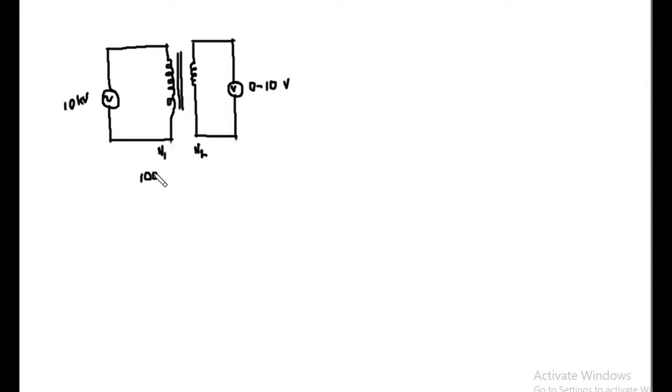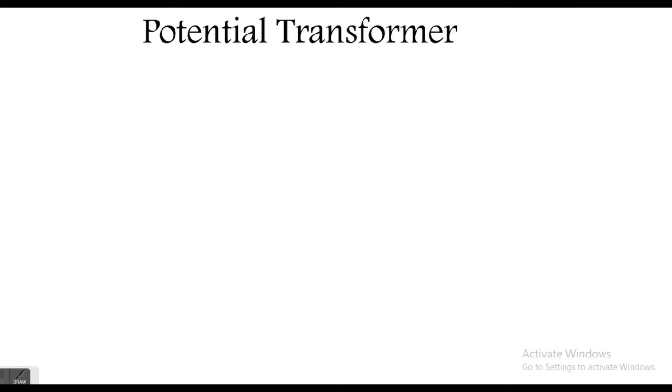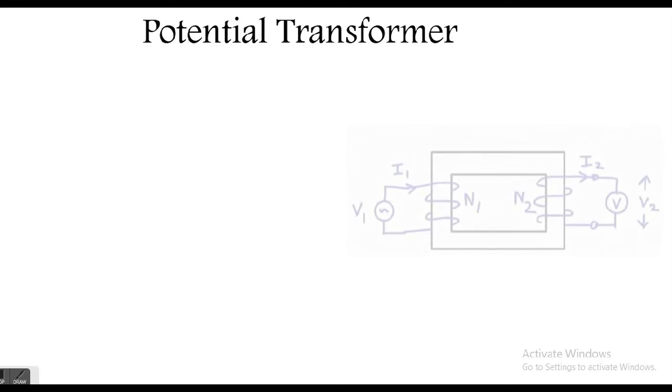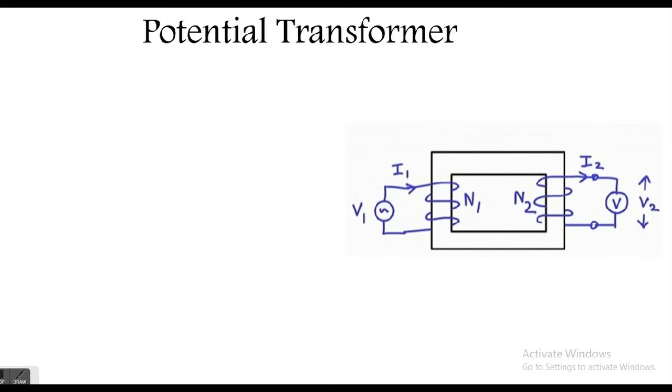We can choose the turns ratio as N1 equals 1000 and N2 equals 1. In this case, this transformer is called a potential transformer. Here we are stepping down the voltage.